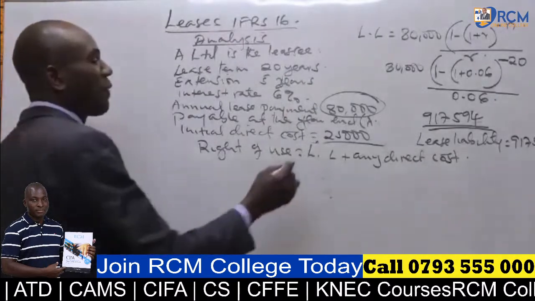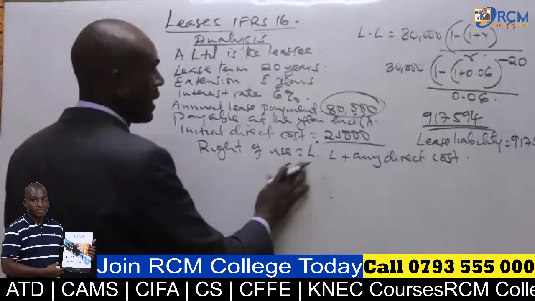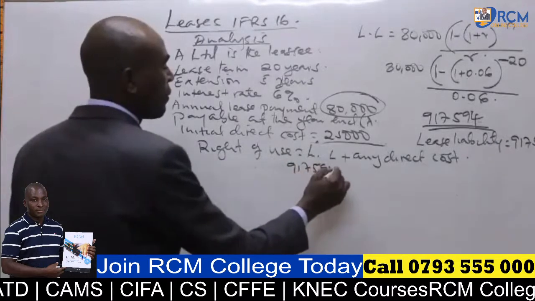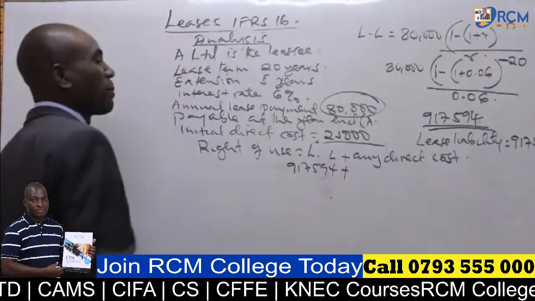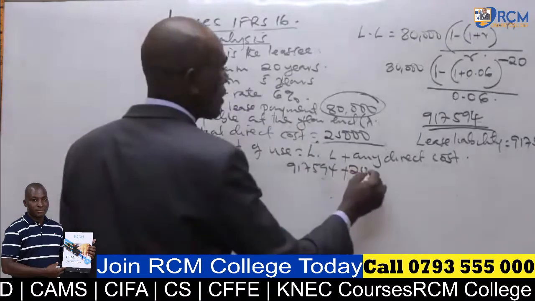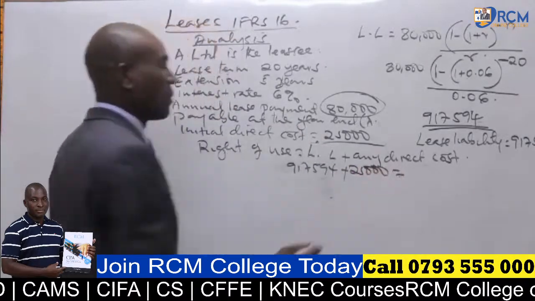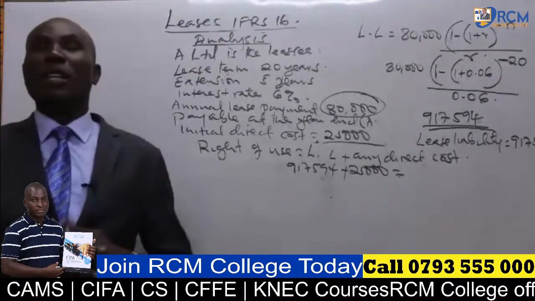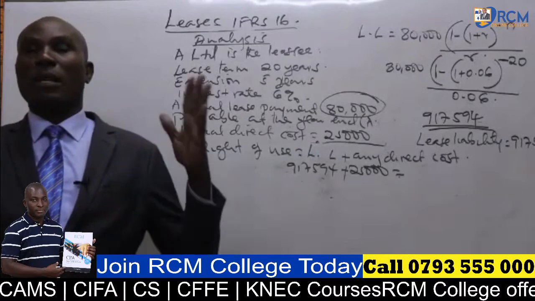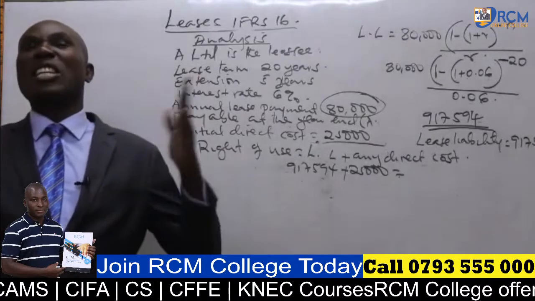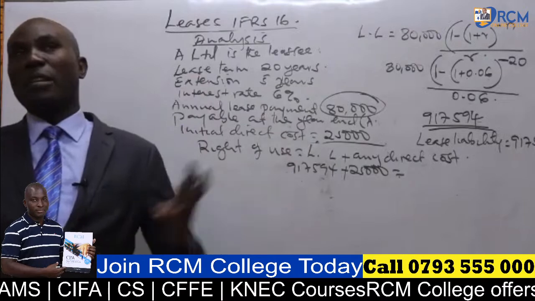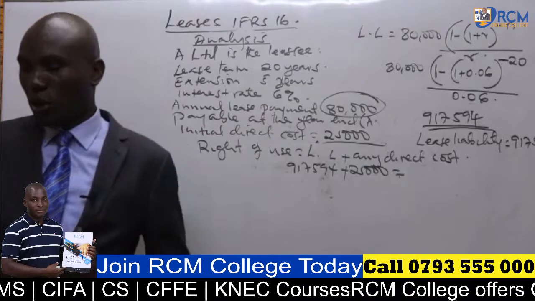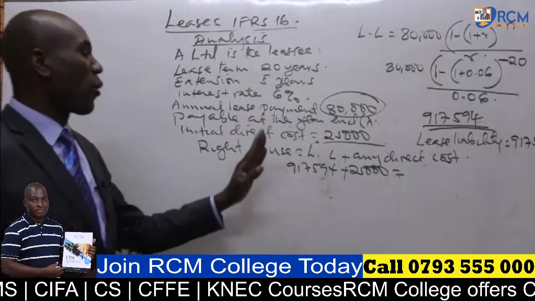The right of use, therefore, I will take 917,594 plus 25,000, because I have initial direct cost. We said, how do we get the right of use? Lease liability plus any initial direct cost incurred by the lessee, like direct cost, dismantling cost, all those costs we mentioned.